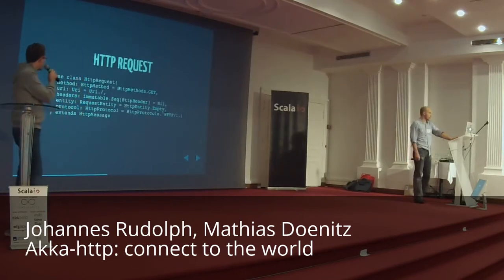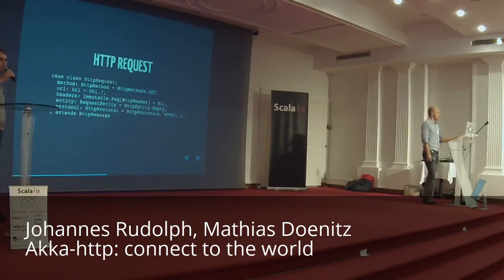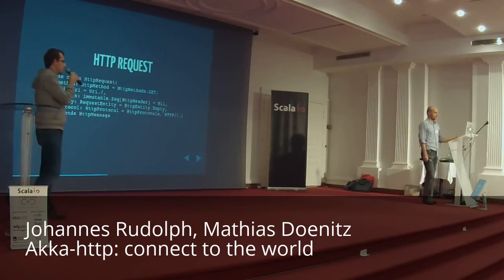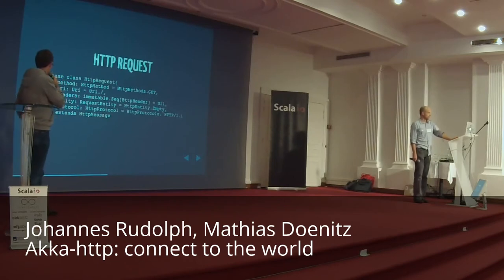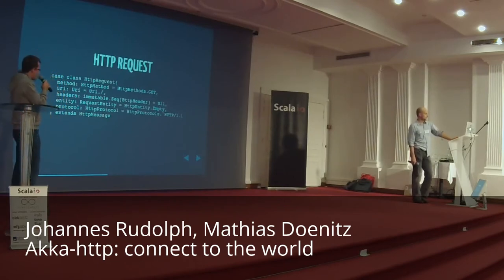So let's look at the most basic model we have in Akka-http, which is the HTTP request and the response. And you can see that we have fields for the things you expect to see in an HTTP message on the highest level. So if you think about how a request looks like, it starts with a method, then there comes the path to the URI, or the URI to request.